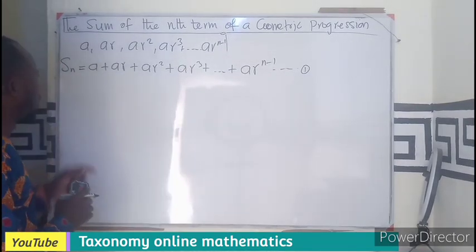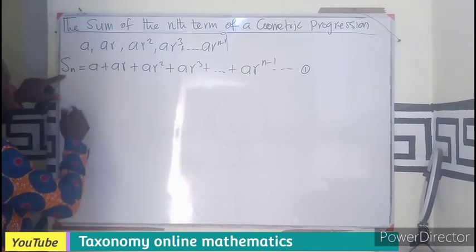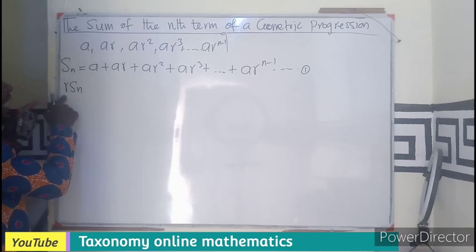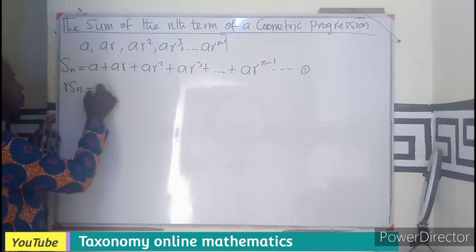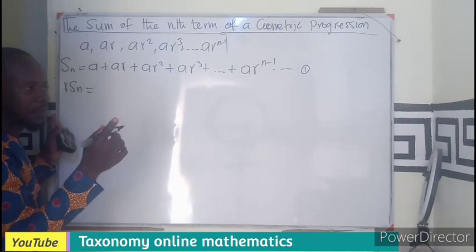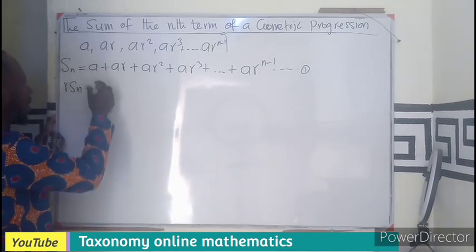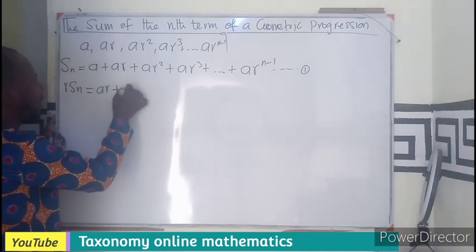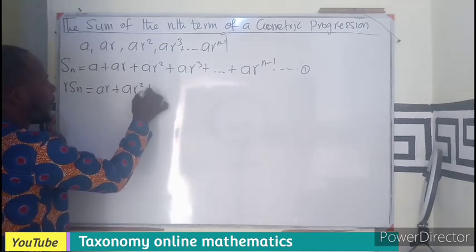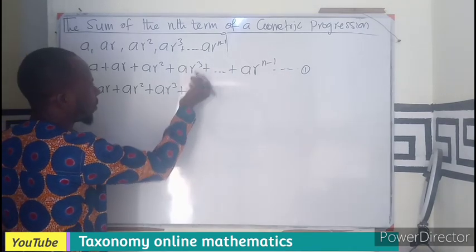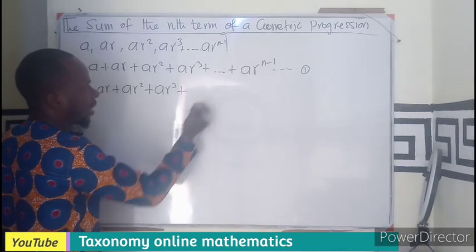If you multiply equation 1 by r, this is going to be rSn, which equals ar, ar squared, ar to the power 3, then it continues in that order.